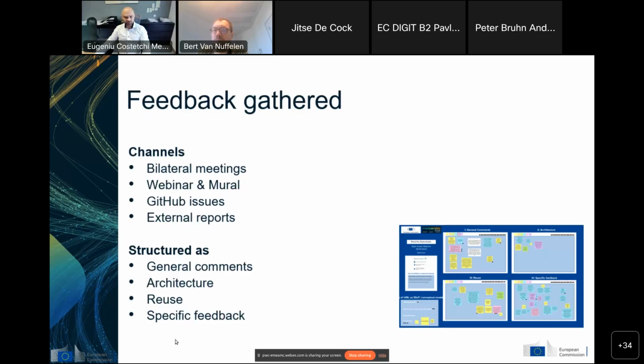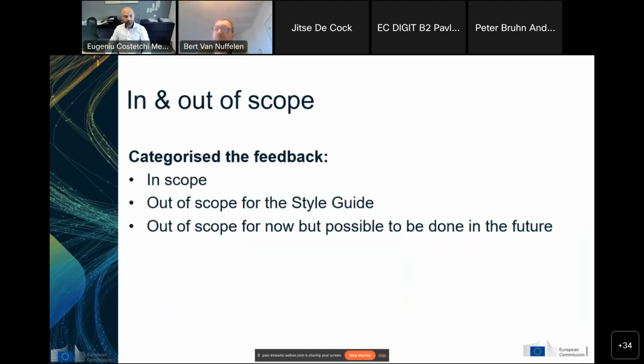The type of comments we received were some general comments, sometimes good requests for clarifications on the architecture, and we managed to strengthen also the explanation of what reuse is in the light of this feedback. And there were some other specific feedbacks.